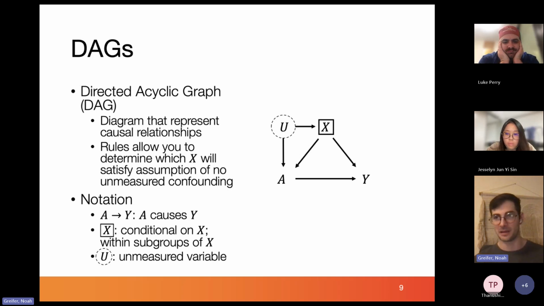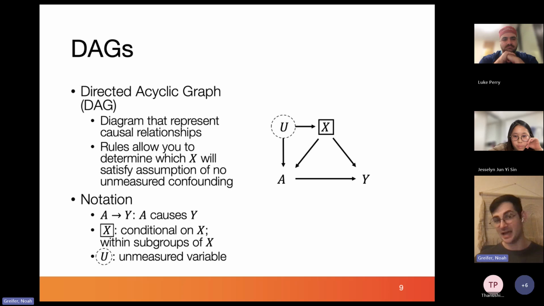So for example, we might be looking at the association between taking some drug and death, but only among people who are within an age range, or only within people who have some pre-existing condition. You're looking at an association within a subgroup defined by a variable. That's what it means to put a box around that variable.